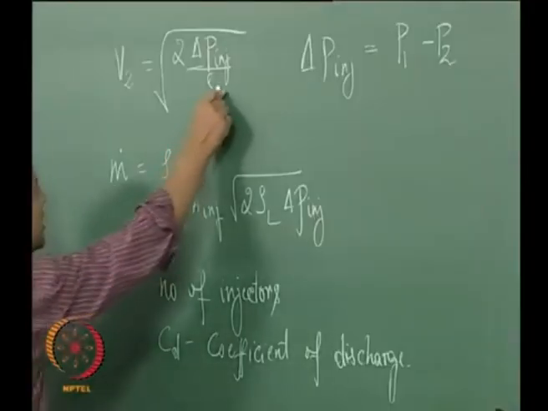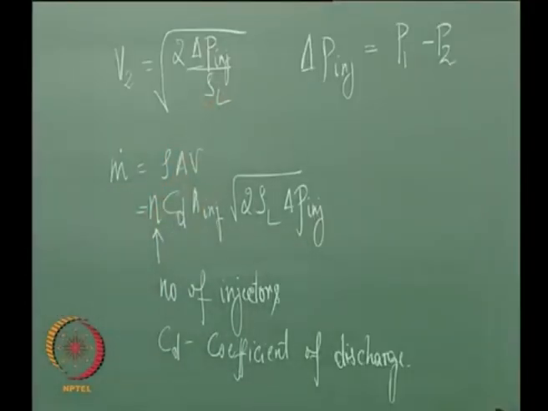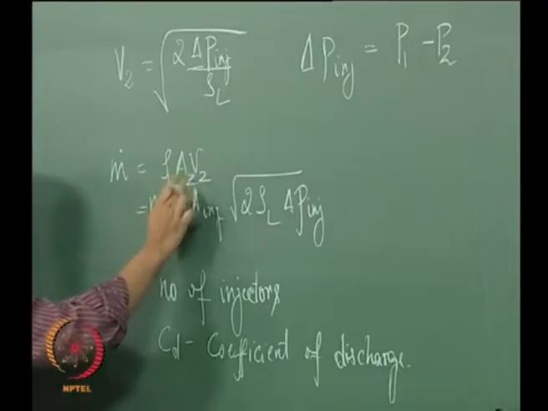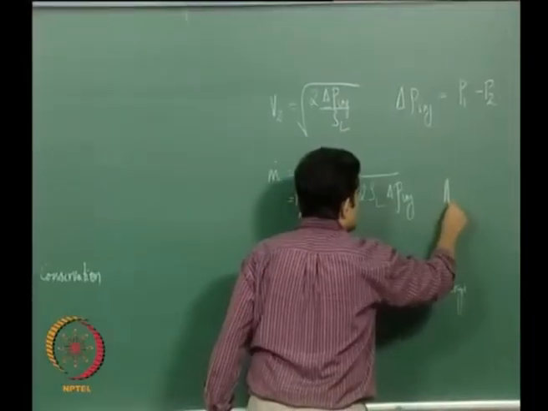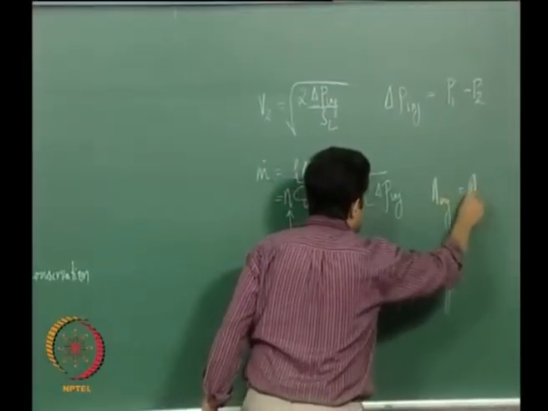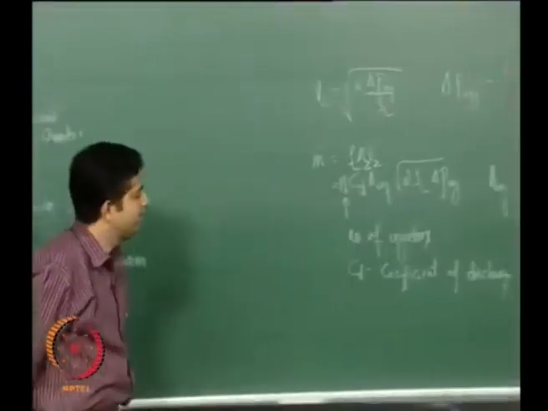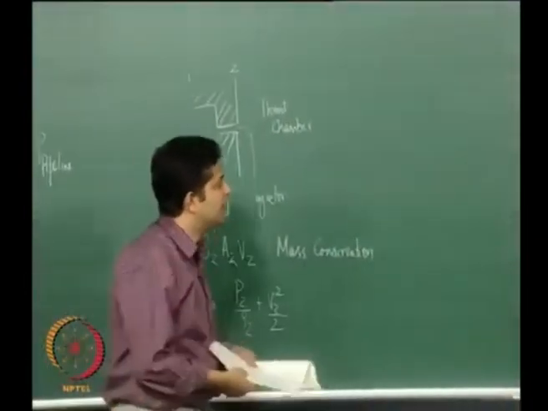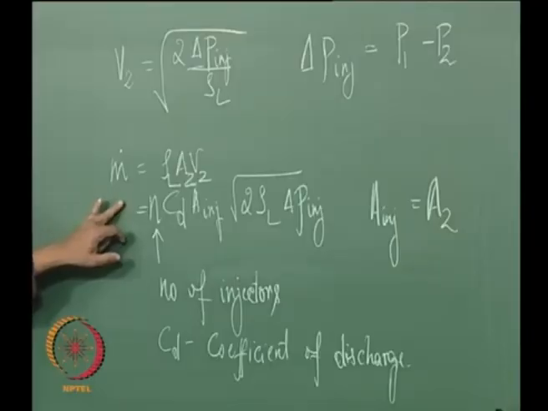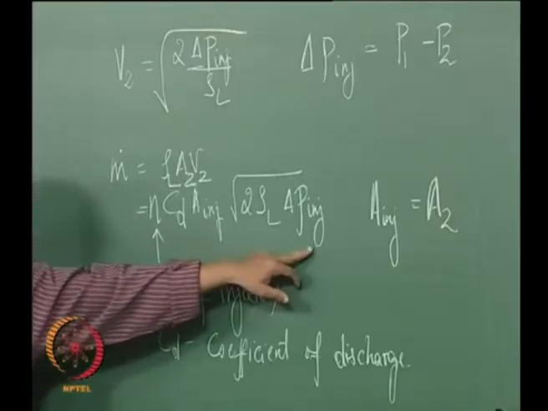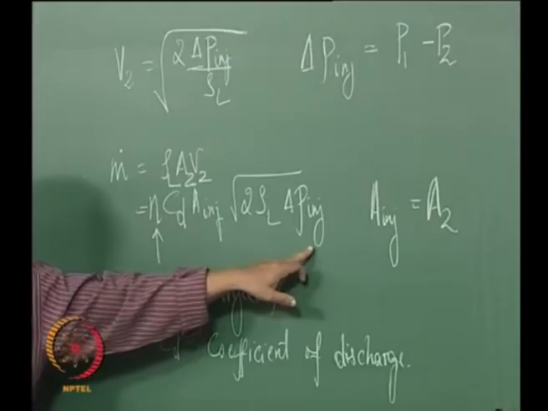Let me also call this rho L. Okay. So, if you look at this equation, if we know what mass flow rate should go through the injector, we can back calculate what should be the delta P across the injector.